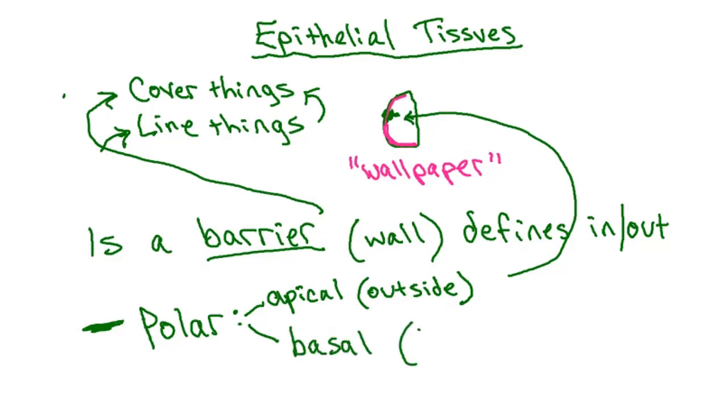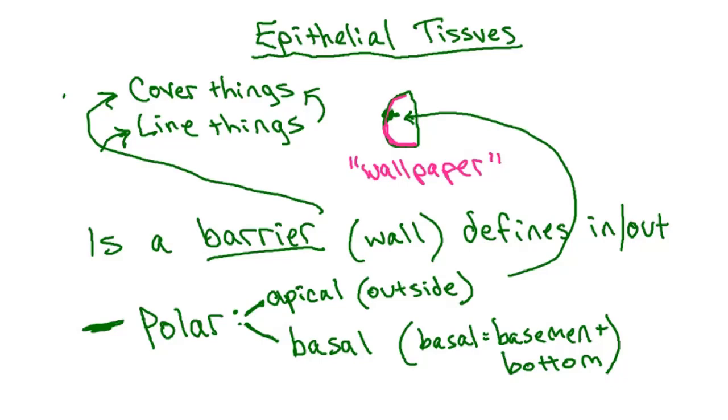Now I think basal and I think basement. So that is like the bottom, the bottom layer of the epithelial tissues. So there are not layers, but two sides to it, the outside and the inside, the apical and the basal.